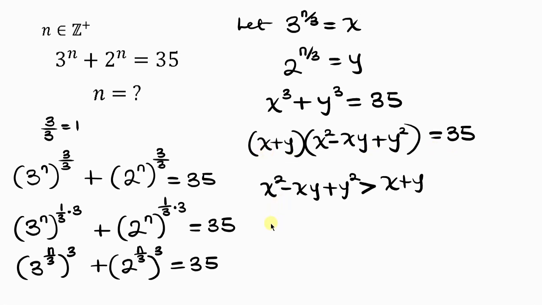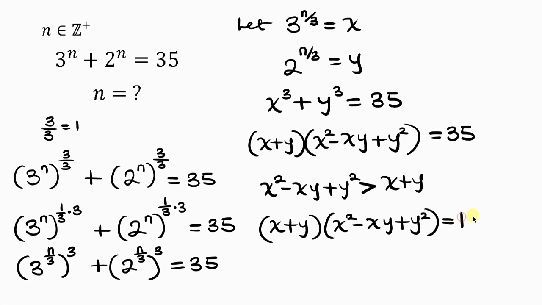So we have x plus y times x squared minus xy plus y squared to be equal to, now decomposing 35 into two factors, we have 1 times 35, which gives 35. We also have 7 times 5, which also give 35.